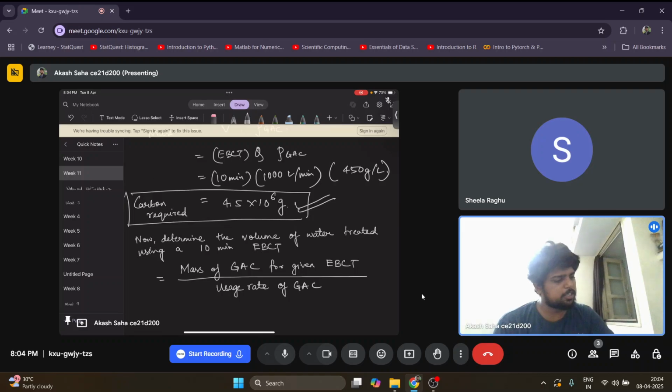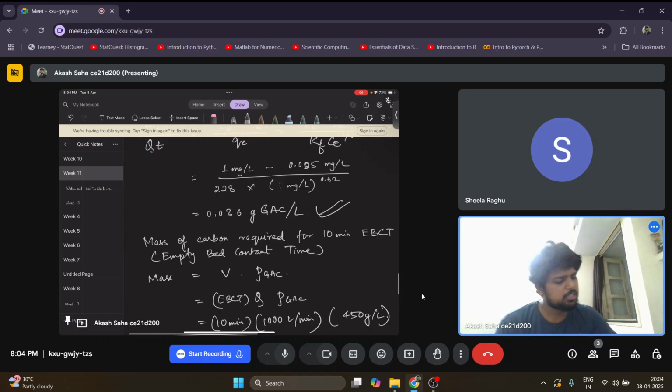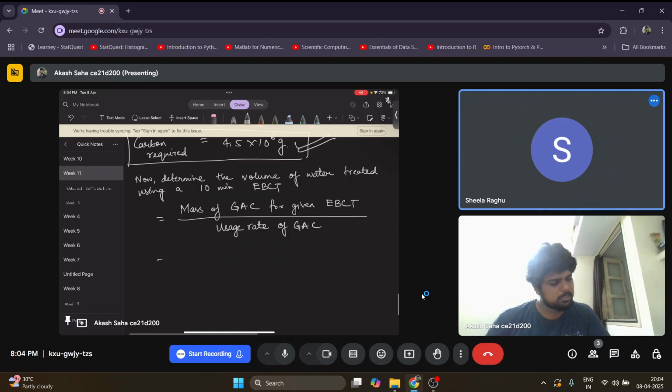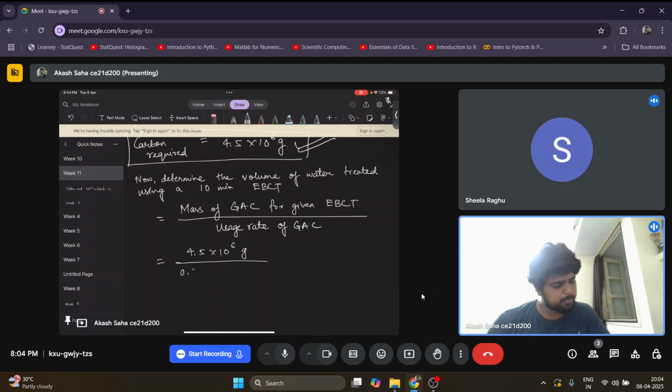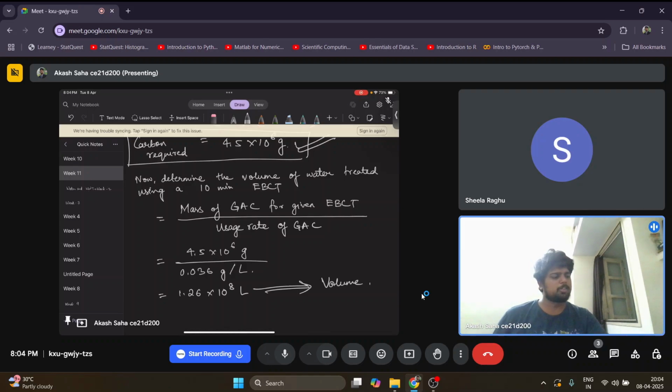So usage rate also we calculated. This is the usage rate. So this much gram per liter will be used. So 4.5 into 10 to the power 6 gram divided by 0.036 gram per liter. So we will need 1.26 into 10 to the power 8 liters. So this much volume of water will be treated.